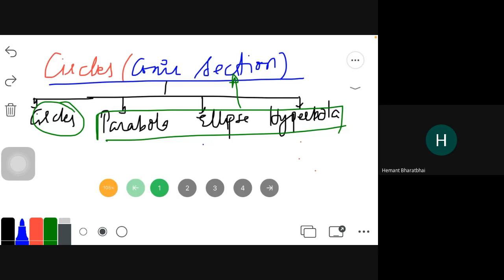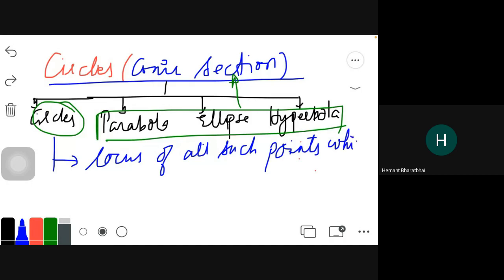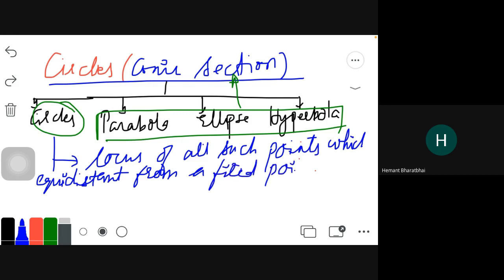Okay, let's start with a circle. So how can you define a circle? You can define a circle as the locus of all such points which are equidistant from a fixed point.